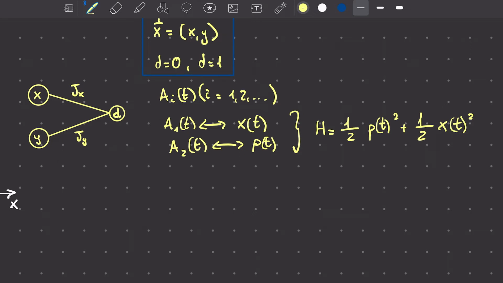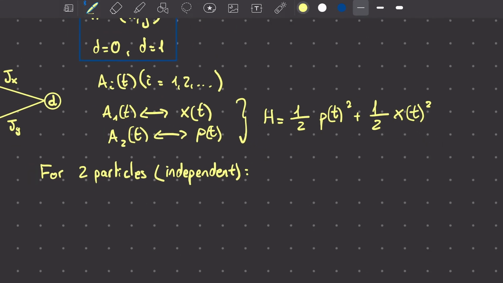Here we have that, for example, if the system has two particles and these two particles behave in an independent manner, then the Hamiltonian is simply gonna be the sum of the Hamiltonians of each individual particle. So for two independent particles, this is important because now we're gonna see what happens if they're not independent.